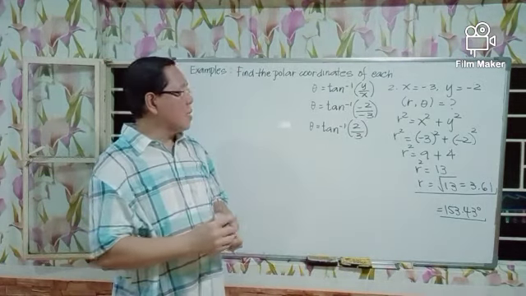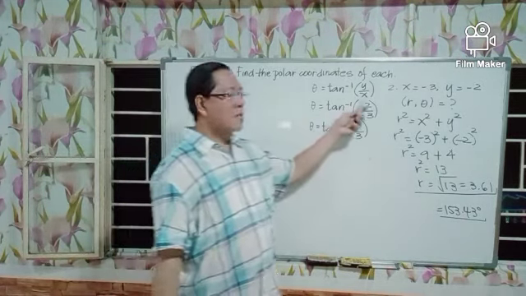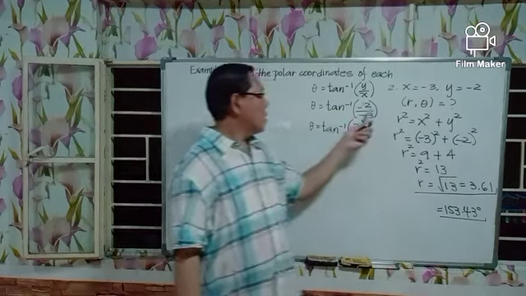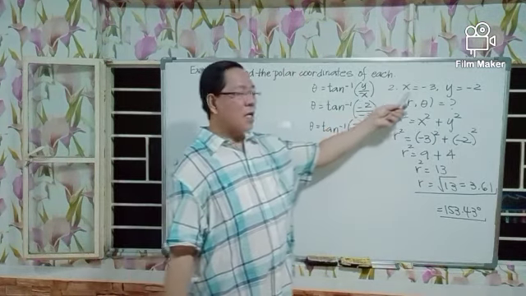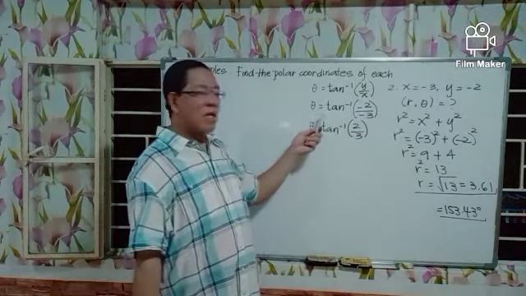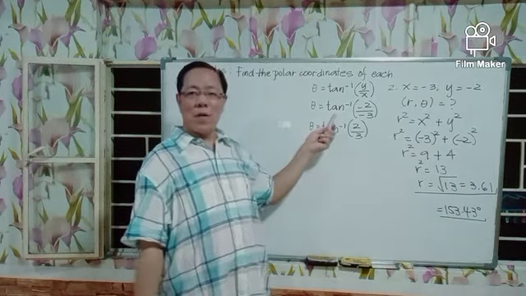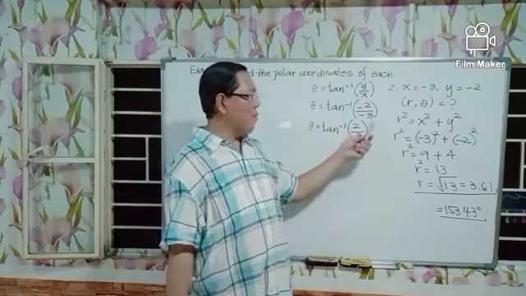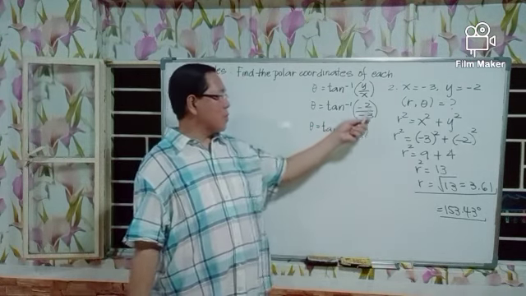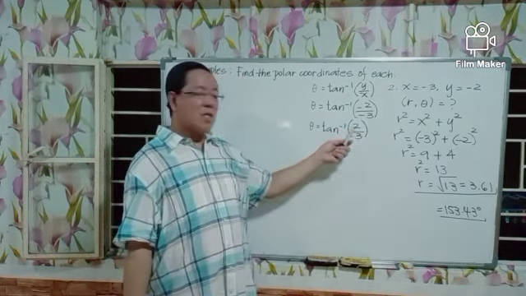Substituting the values of y and x, y is negative 2 and x equals negative 3, we have theta equals shift tangent, or arctangent, or inverse tangent of negative 2 over negative 3. And negative 2 divided by negative 3 is positive 2 over 3.